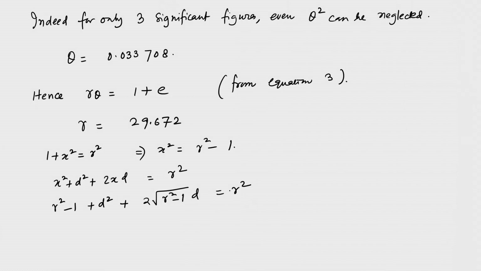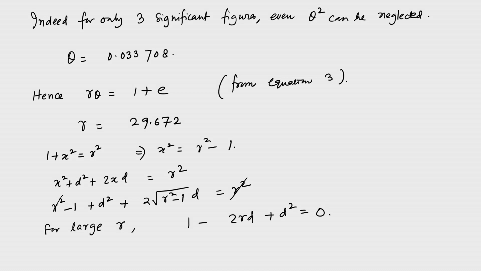So, the r square will cancel, and for large r one gets 1 minus 2rd plus d square equal to 0.